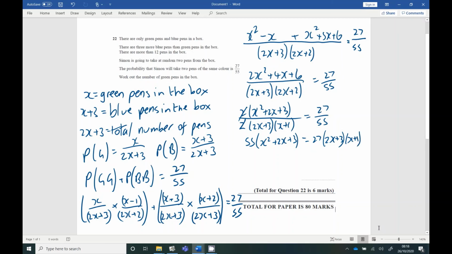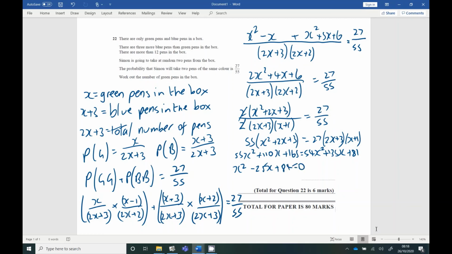Multiplying all of that out, I get 55x squared plus 110x plus 165 equaling 54x squared plus 135x plus 81. Taking this all to the left-hand side, I get x squared minus 25x plus 84 equaling 0. Now that factorizes.